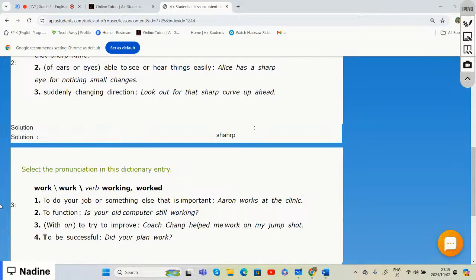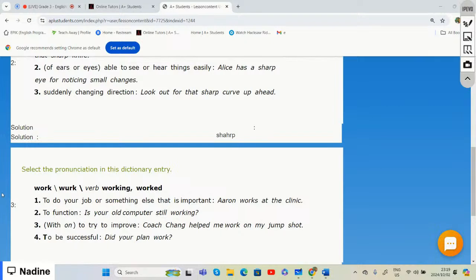All right, let's look at the next one. It says we need to select the pronunciation in this dictionary entry, the pronunciation. We have the word work. The part of speech, it's a verb. It's working or worked.